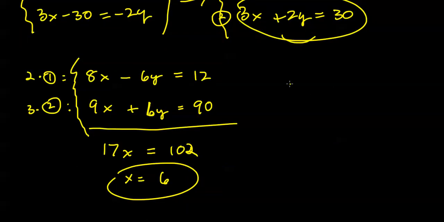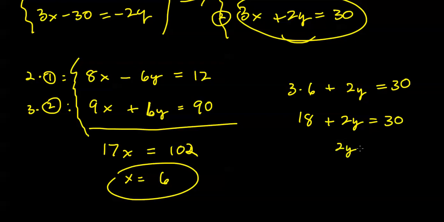So I can plug in x equals 6 into that second equation and get the resulting statement. 3 times 6 plus 2 times y equals 30. That gives me 18 plus 2y equals 30. 2y equals, of course, 12. And y then also equals 6.